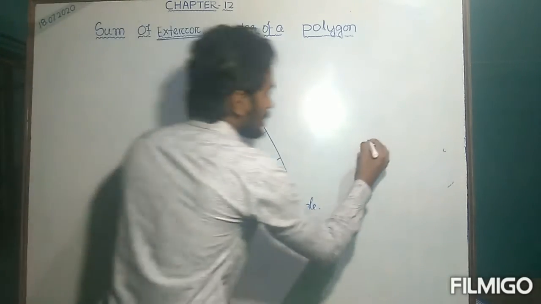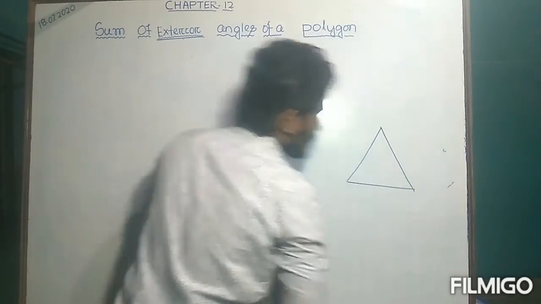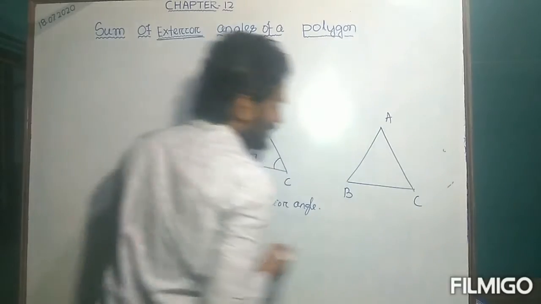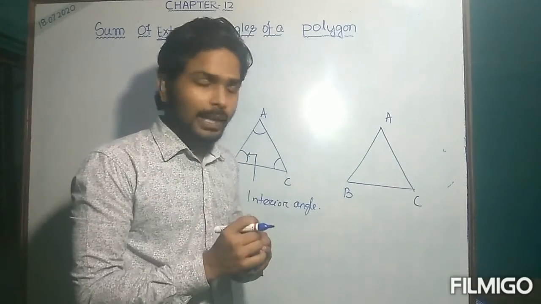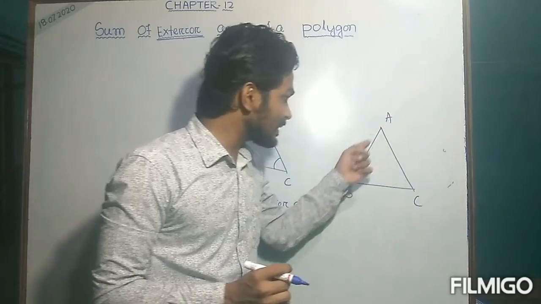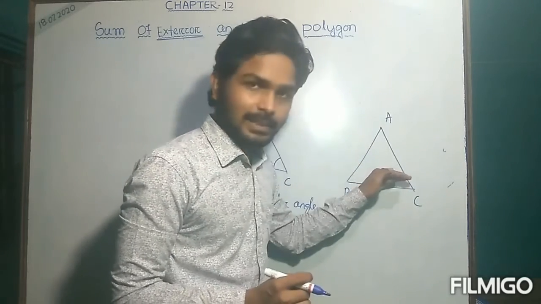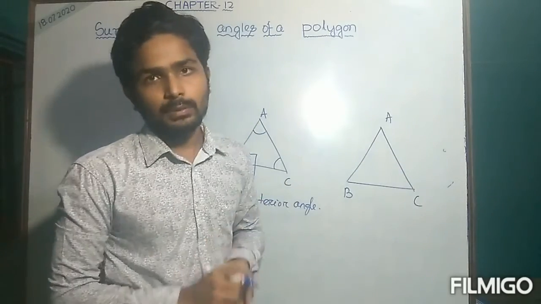How? I am drawing this. See, this is another triangle. Remember that an exterior angle can be drawn by simply producing the sides. These are the sides; it has three sides. By producing the sides either towards the right or towards the left.